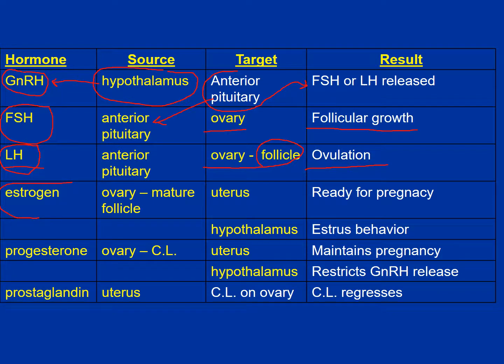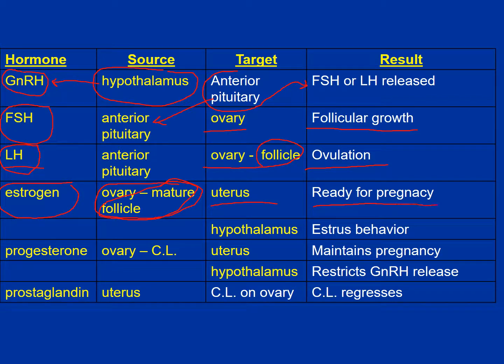Estrogen is another hormone very important in the estrus cycle. The source of estrogen is the ovary, and especially if we have a mature follicle on the ovary, we get really high estrogen levels. And there are a couple of targets for that estrogen during the reproductive cycle. One target is the uterus.